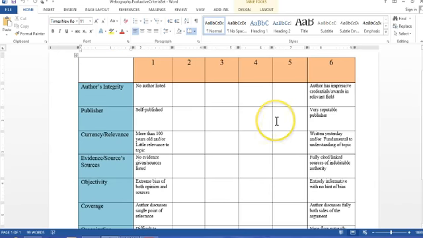So this is a template that we have set up to get you started with thinking about the most important aspects that you should look into when you're looking at a source.